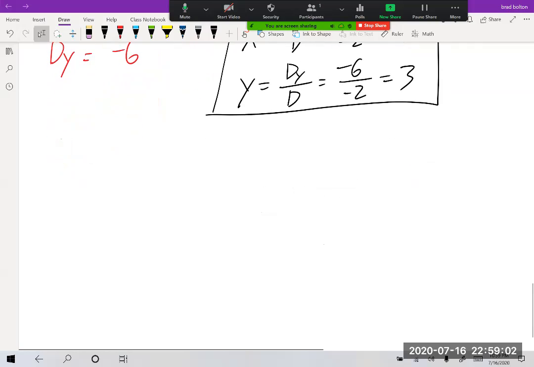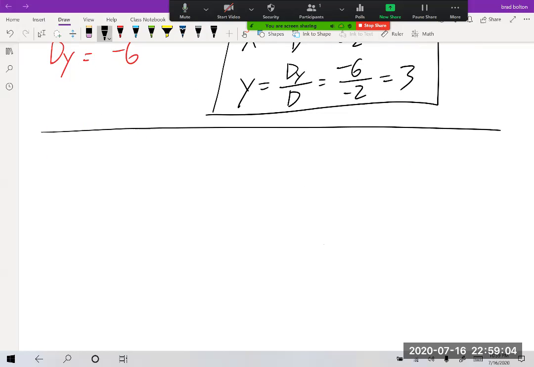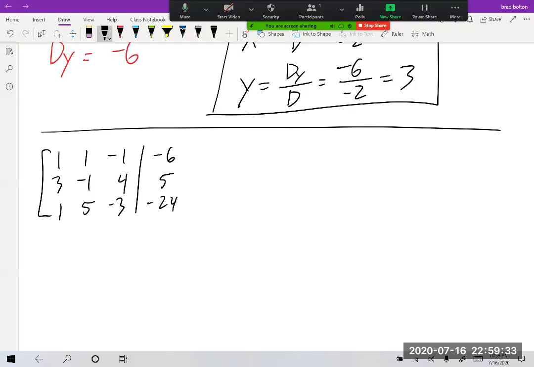So now, if we wanted, we could use Cramer's rule on a 3 by 3. So let's do a 3 by 3. Let's say that we have the matrix 1, 1, negative 1, negative 6, 3, negative 1, 4, 5, and 1, 5, negative 3, negative 24, okay?